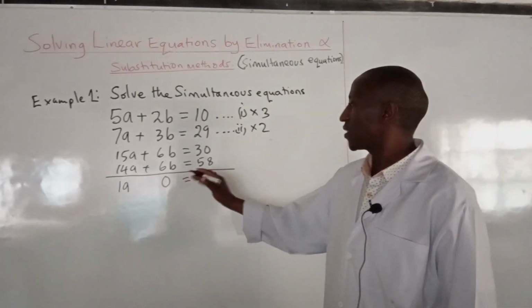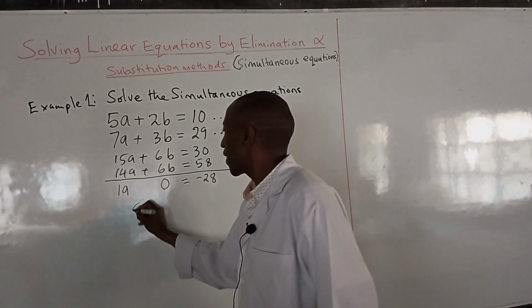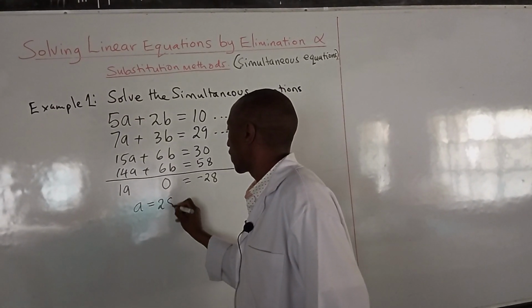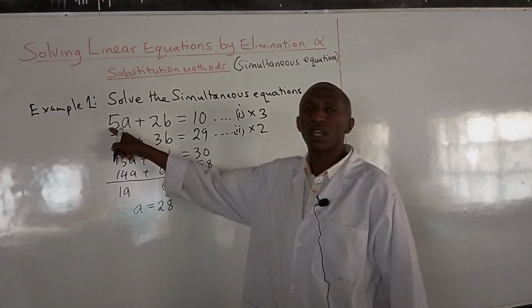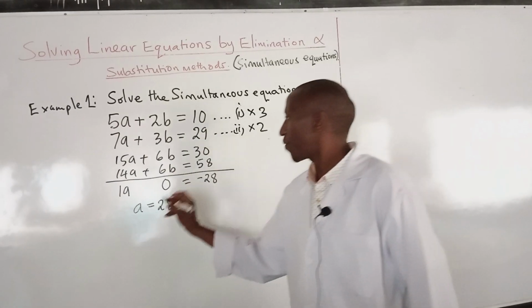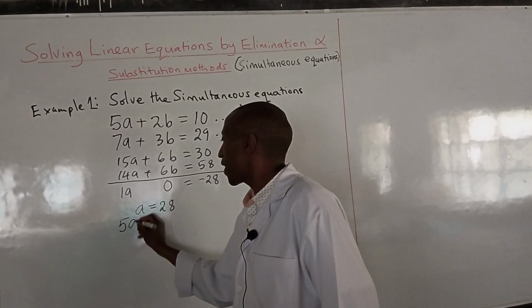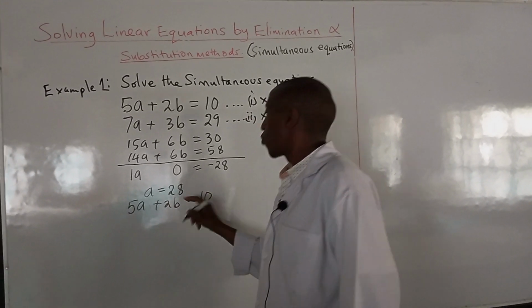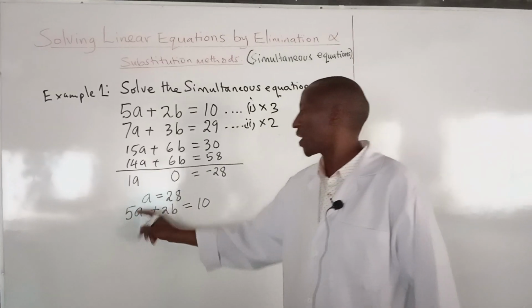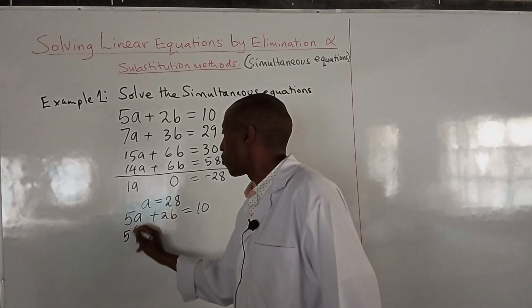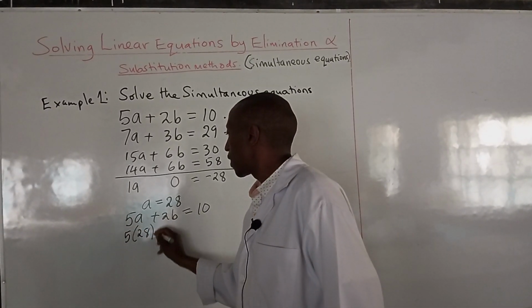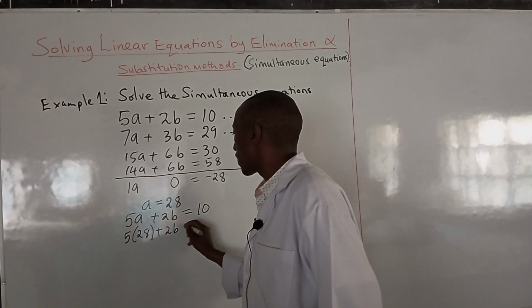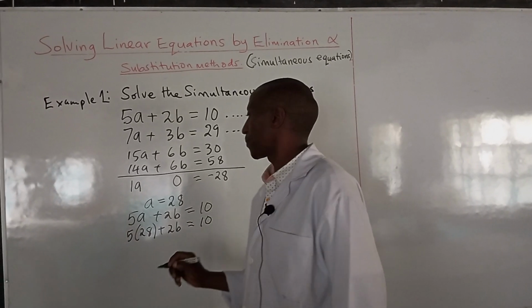And that gives us that a is equal to negative 28. We are now going to substitute in one of the equations. Take, for example, 5a plus 2b is equal to 10. We substitute this negative 28 here, and we get 5 multiplied by negative 28 plus 2b is equal to 10.